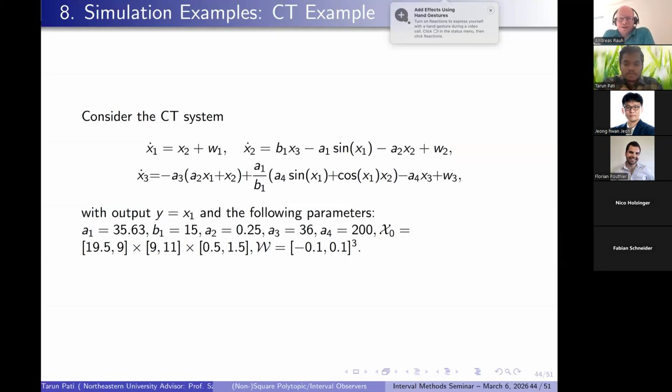What we can see here, especially in the state equation for x3 dot, is this multiplicative coupling of a cosine function and x2.